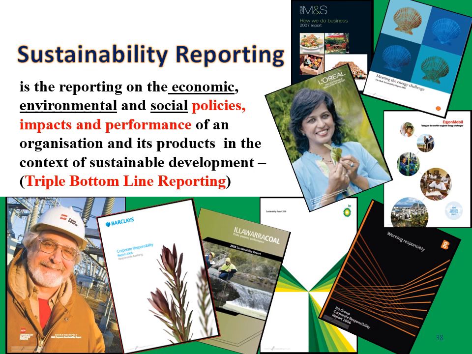So sustainability reporting is reporting on the economic, environmental, and social policy impact and performance of an organization or an entity and its product in the context of sustainable development. Sometimes we also call this sustainability reporting triple bottom line reporting.